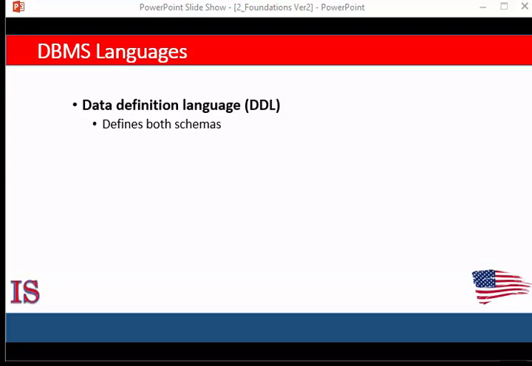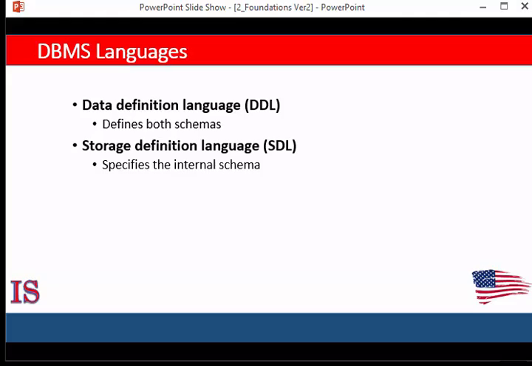In many database management systems where no strict separation of levels is maintained, one language, called the data definition language, is used by the DBA and by database designers to define both schemas. The database management system will have a DDL compiler, data definition language compiler, whose function is to process DDL statements in order to identify and to store the schema description in the database management system catalog.